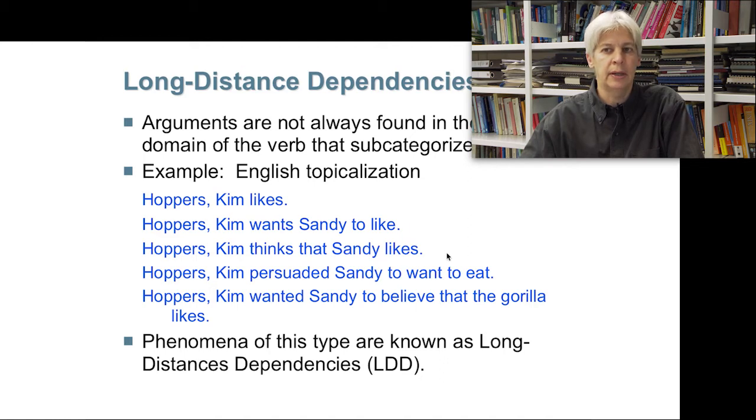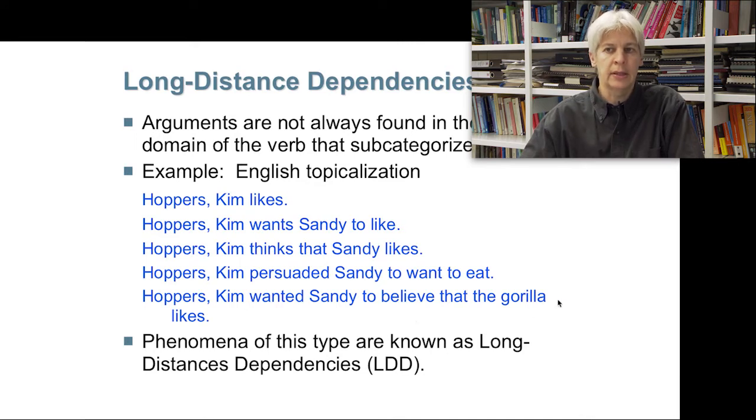And you can make many, many more such examples. Hoppers, Kim thinks that Sandy likes. Here it's coming from within a comp. Hoppers, Kim persuaded Sandy to want to eat. Here it's coming from within two ex-comps that are embedded within one another. And then hoppers, Kim wanted Sandy to believe that the gorilla likes. These are two comps embedded within one another.